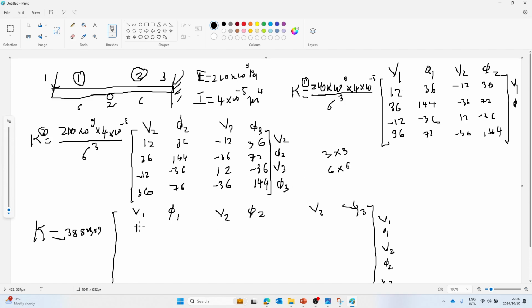Now you are filling it straight. You have phi 1, V1 gives you 36. So here's 36. What else do you have? You have V2, V1, which is minus 12.